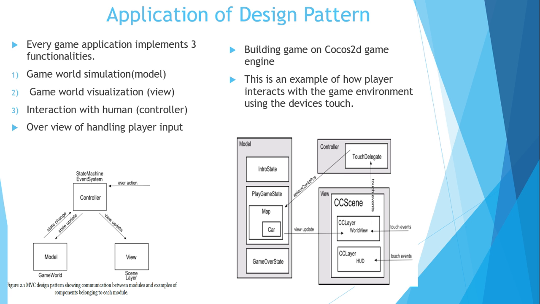It could request the model to determine whether the touch position coincides with the car that is already selected, and alternatively, if the game is in the driving mode, the touch could result in the car moving in the requested direction. Finally, it will check whether the car is in moving state or is asking for a change of direction. Then it goes to the control layer and gives the output.